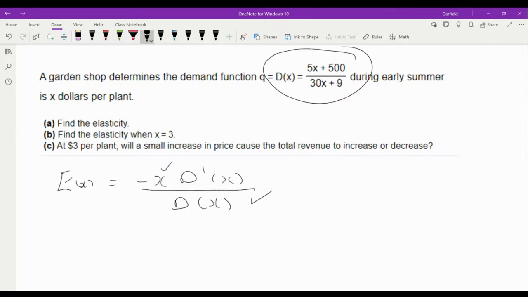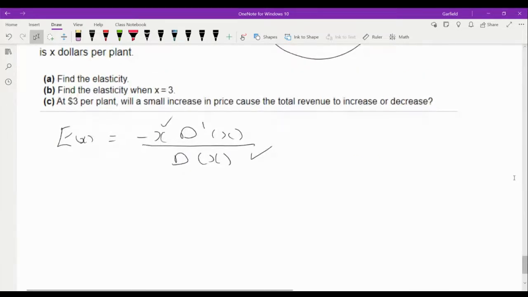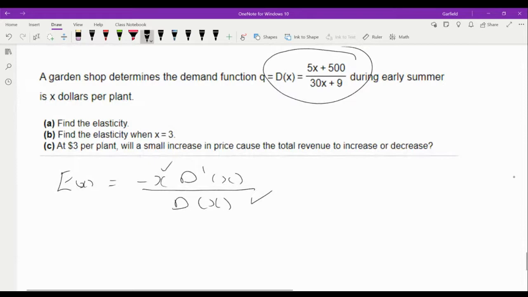So what we need to do is find the derivative. And this is probably the most difficult part of this problem, because d of x is equal to 5x plus 500 over 30x plus 9. So we have to find the derivative of that.